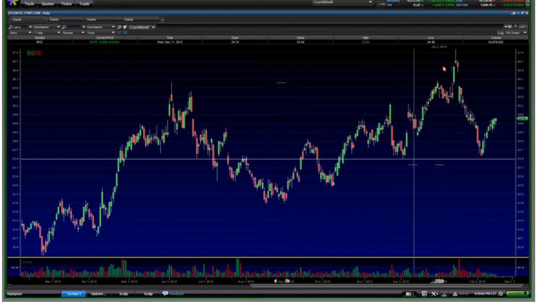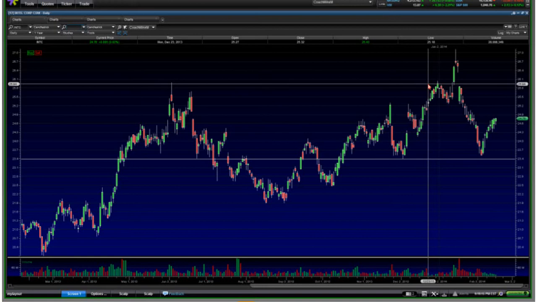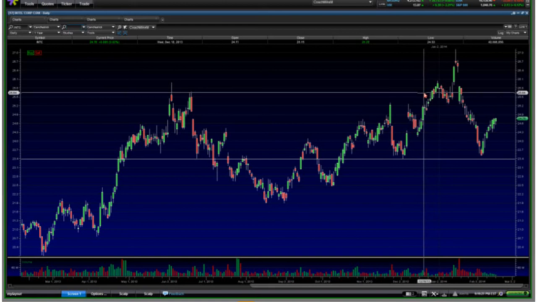So if I need 3 weeks to catch a run, and I need 2 weeks before time decay really starts killing me, what do I need? How many weeks do I need minimum for my strike? Or my expiration, I mean. Yeah, 5, minimum.